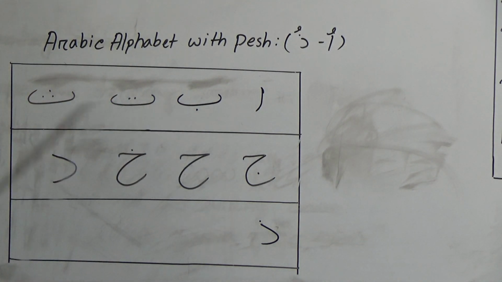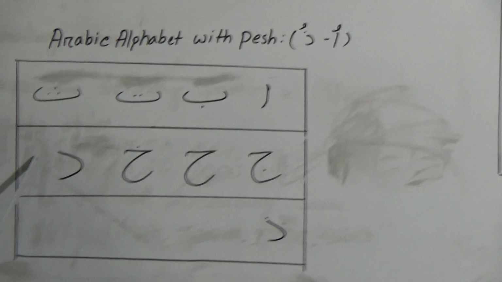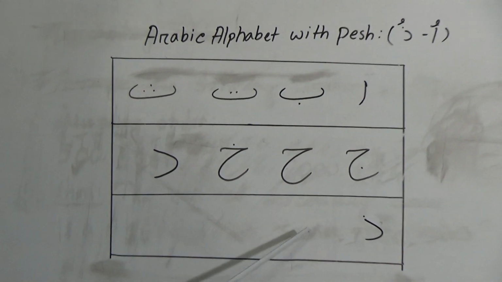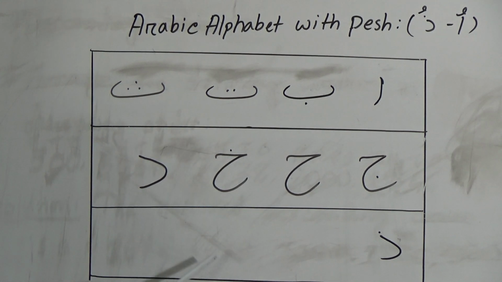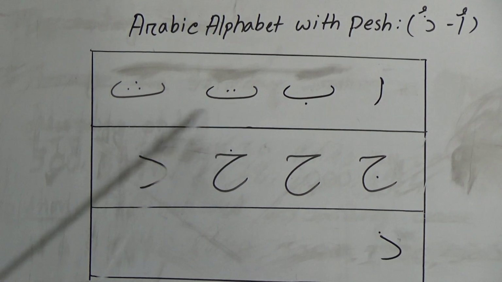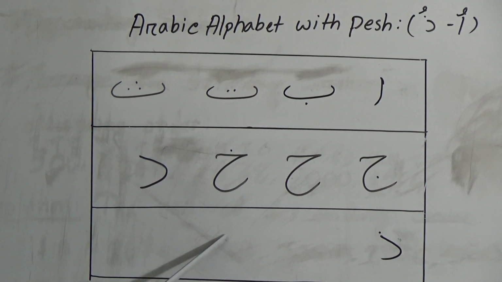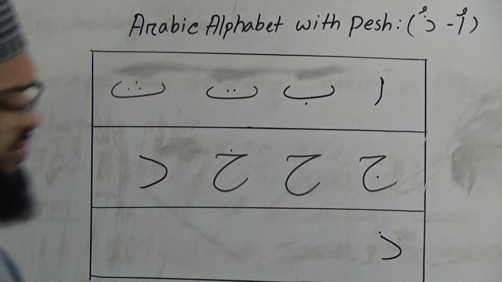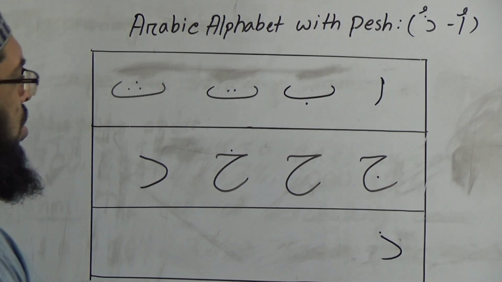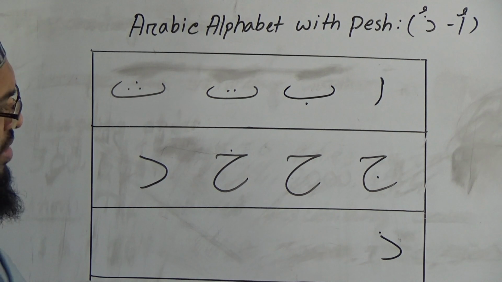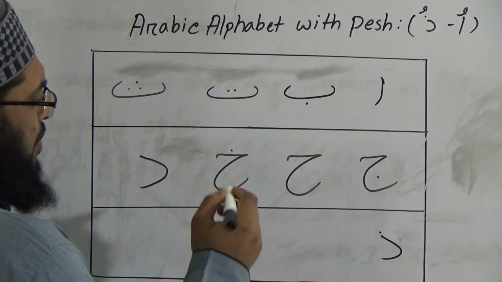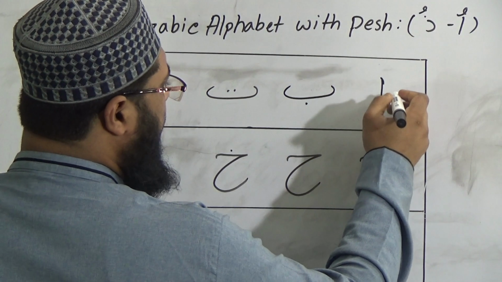Here I have written 9 Arabic alphabets or letters. We have to put a Pesh on every alphabet. You know that Pesh always takes place over the alphabet. Now I am putting a Pesh over the Alif.